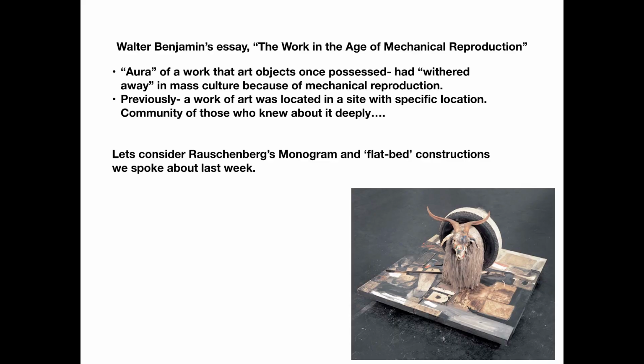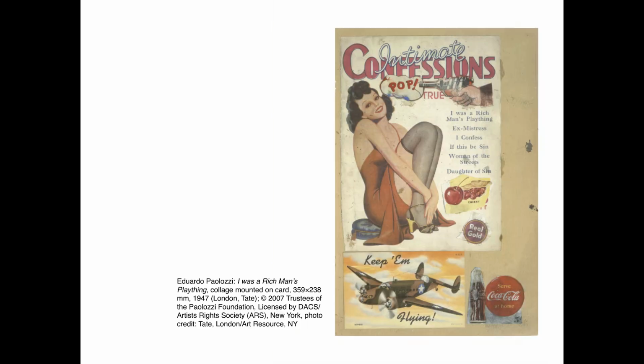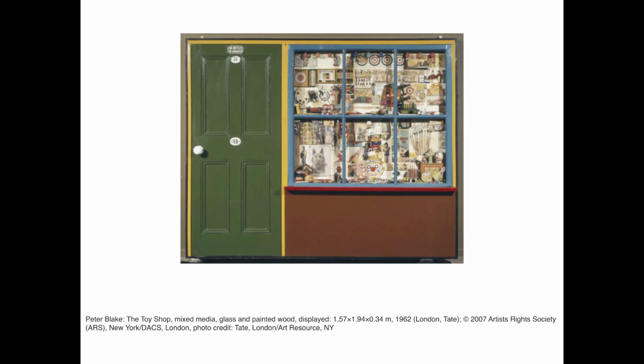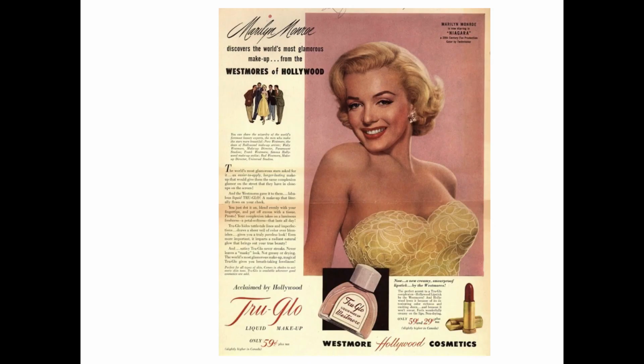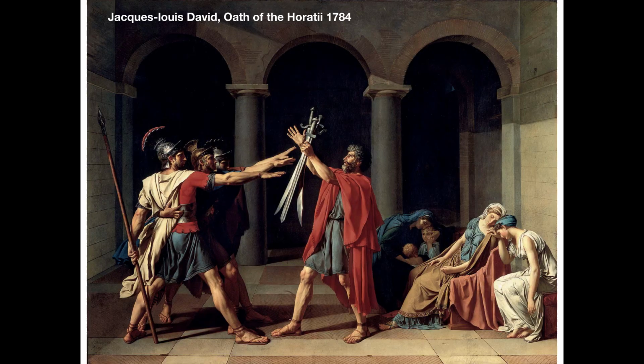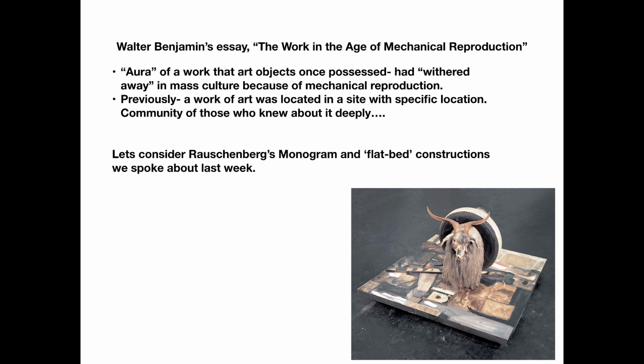And in the back of your head, think about how these are similar and different to Monogram. Rauschenberg's not totally a pop artist, but a lot of the elements are going to inform what we do, especially with your looking at Oldenburg this week.